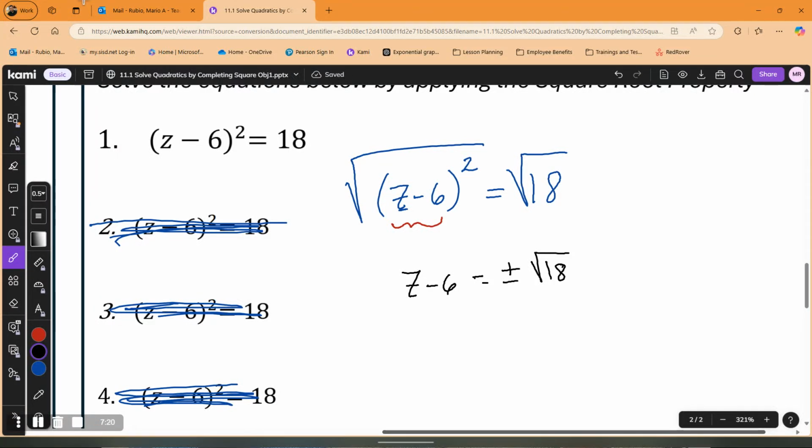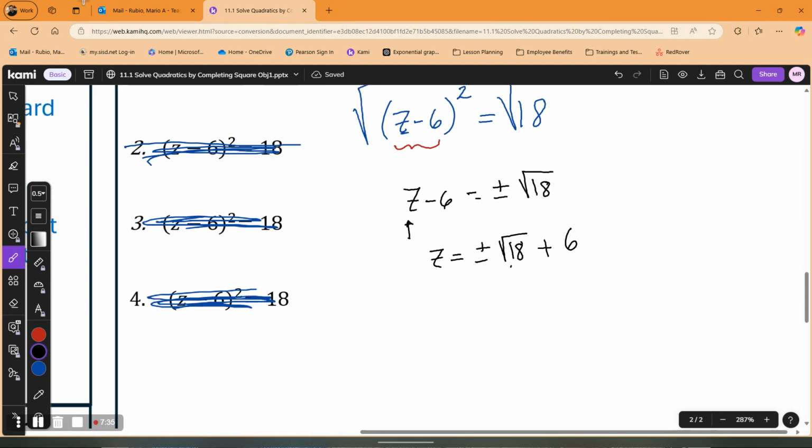At the end of the day, we're still trying to figure out what the value of z is. So we got to get this 6 to the other side, and we're going to write z equals plus or minus square root of 18 plus 6. I can simplify this radical using the product rule. Square root of 9 times square root of 2 plus 6.